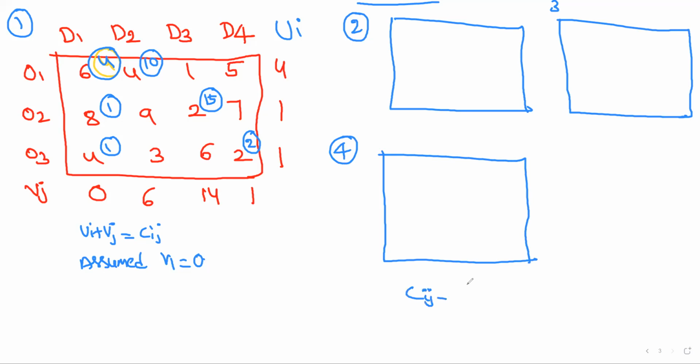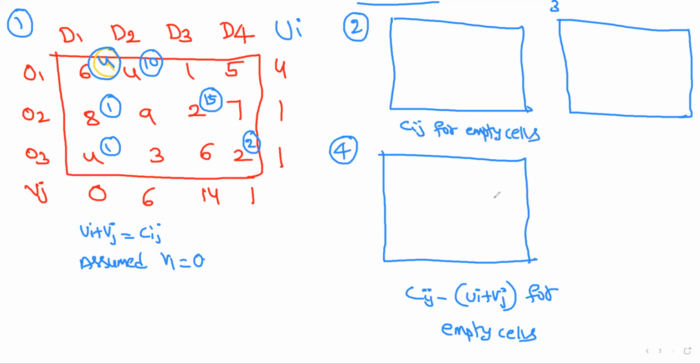Cij minus of ui plus vj for empty cells. Empty cell is nothing but which are not basic cells. So we have to know Cij for empty cells. This is the second table, Cij for empty cells, and Ui plus Vj for empty cells.